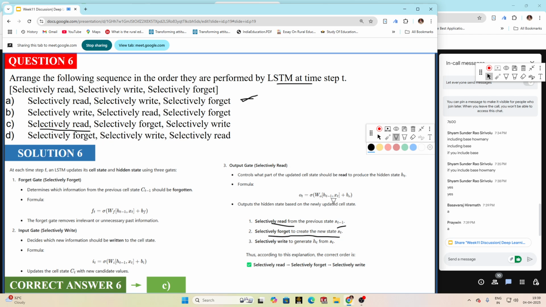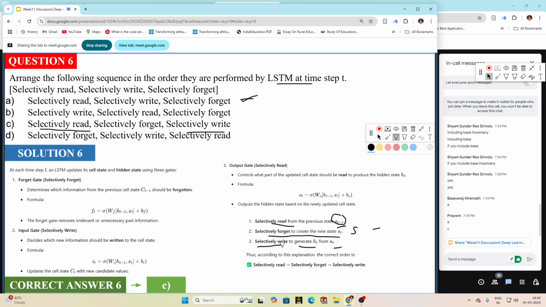And then we selectively write to generate s t from s t tilde. First we will do the selectively read, then selectively forget and selectively write.